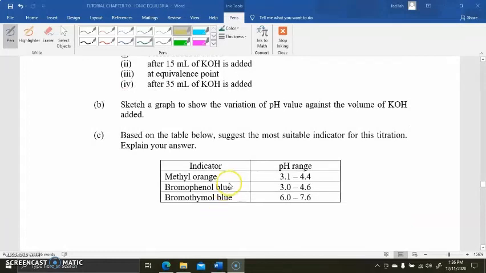Okay, and then this one kena pilih the most suitable indicator for the titration based on this given indicator.